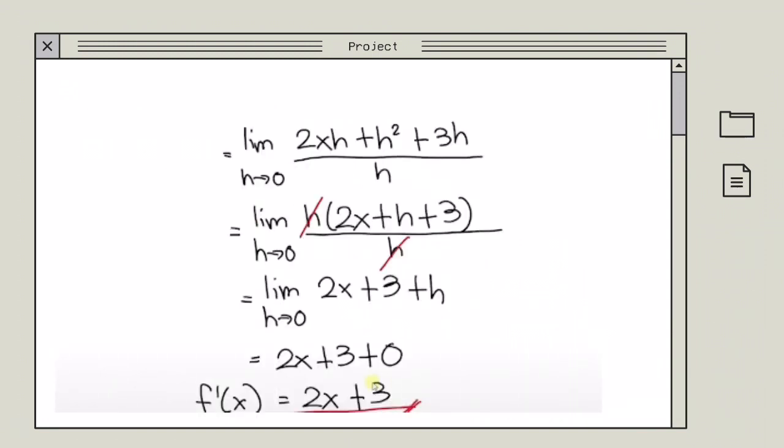And to finally find out the value of the derivative of this problem, we can simplify it to 2x plus 3 plus 0 since ang value ng h is 0. So, ang magiging derivative na lang niya is f prime of x is equal to 2x plus 3. So, yun yung derivative ng f of x is equal to x squared plus 3x.